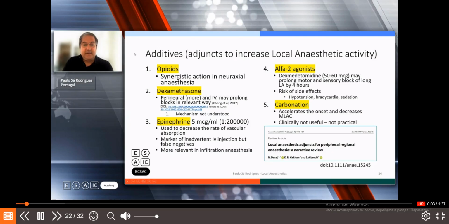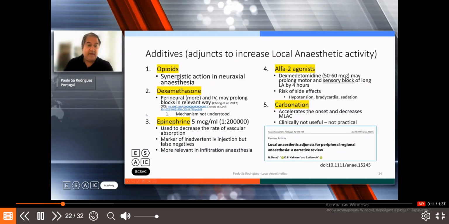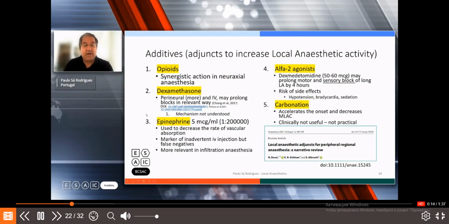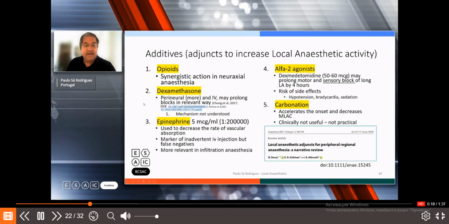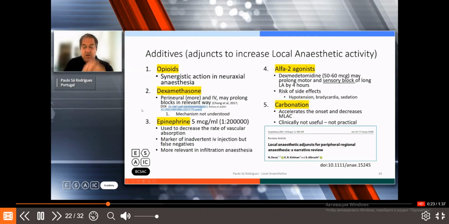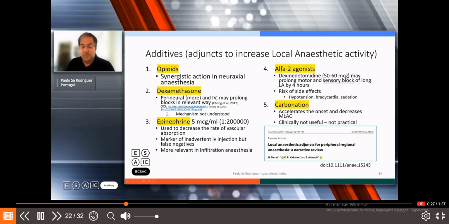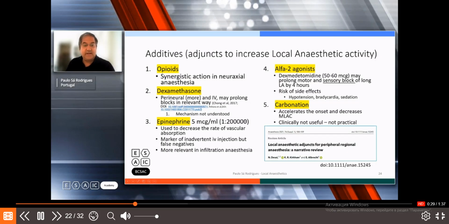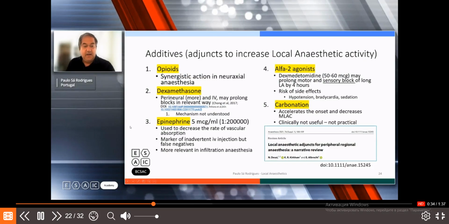Regarding additives, which are adjuncts to increase local anesthetic activity, adding opioids to local anesthetics has a synergistic action in axial anesthesia, as we know. Adding dexamethasone, either by IV injection or mixing it perineurally with the local anesthetic, may prolong blocks in a relevant way.